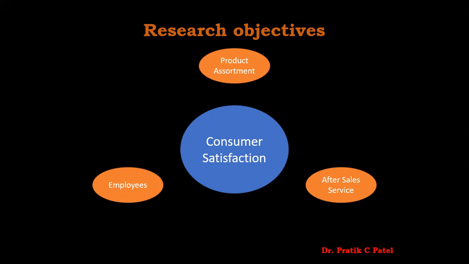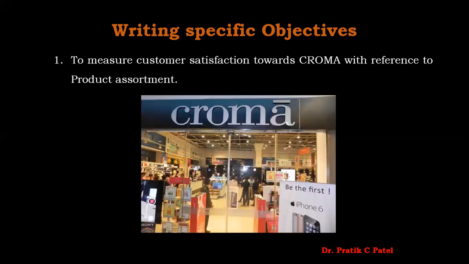As I said, it can be a few more areas also, like store layout or store ambience and so many others. Now this becomes the base for writing your research objectives. So your broad areas of research objectives are product, employees and after sales services.